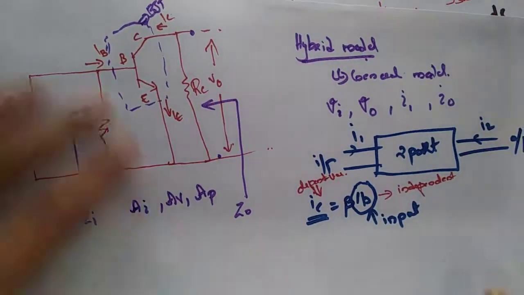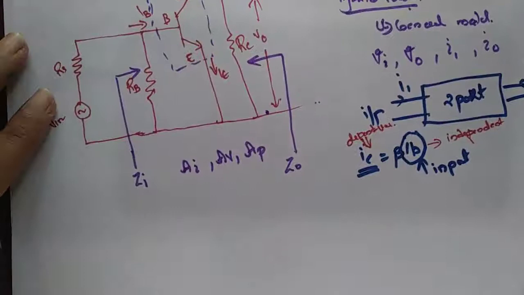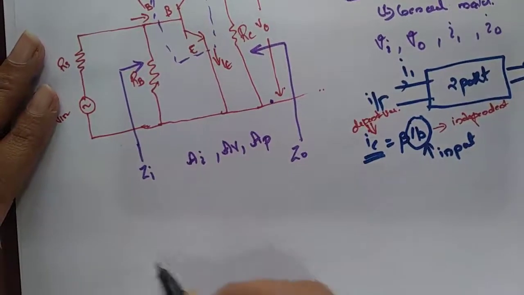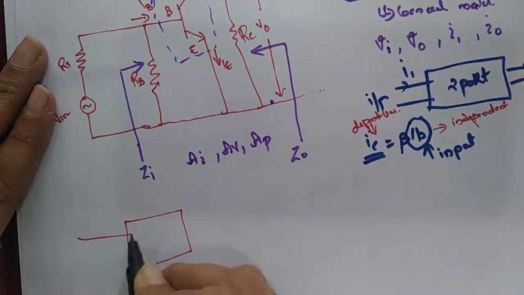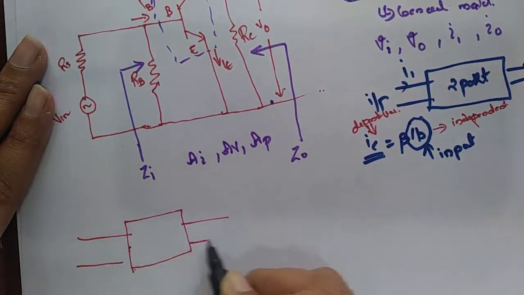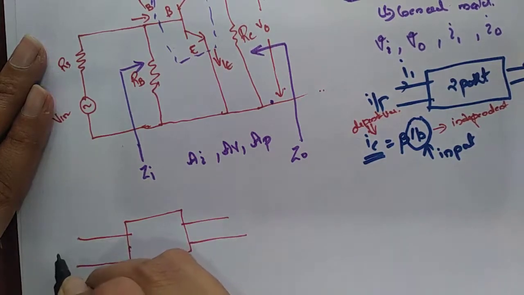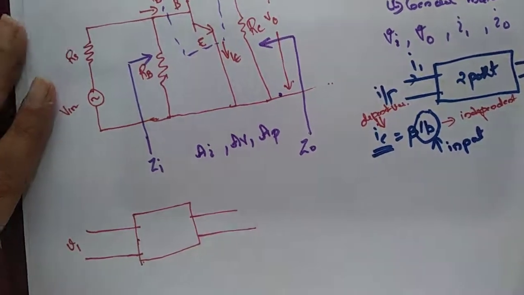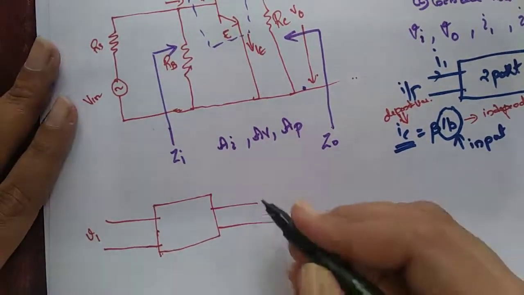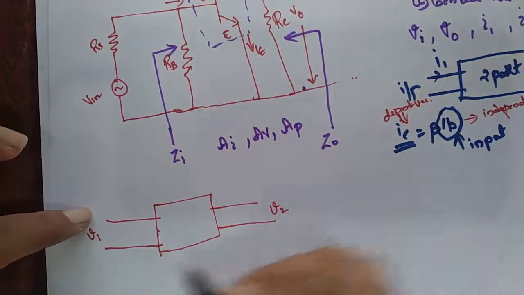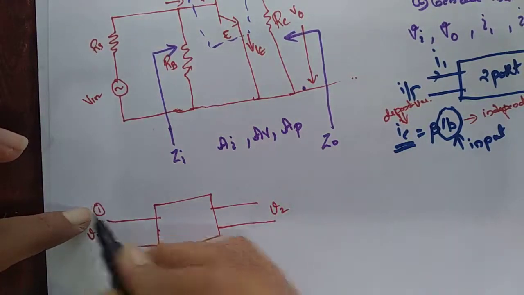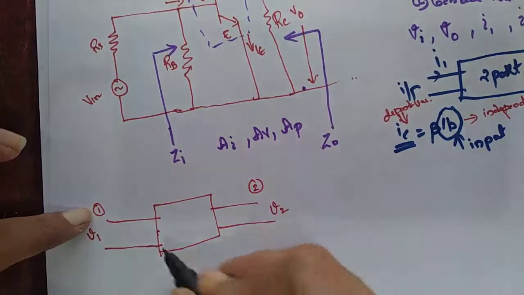So in a hybrid model, we are representing our circuit as a general two-port network. I am writing in terms of circuit analysis. The input is V1 and V2. This is my first port, the input port, and this is my second port, the output port.